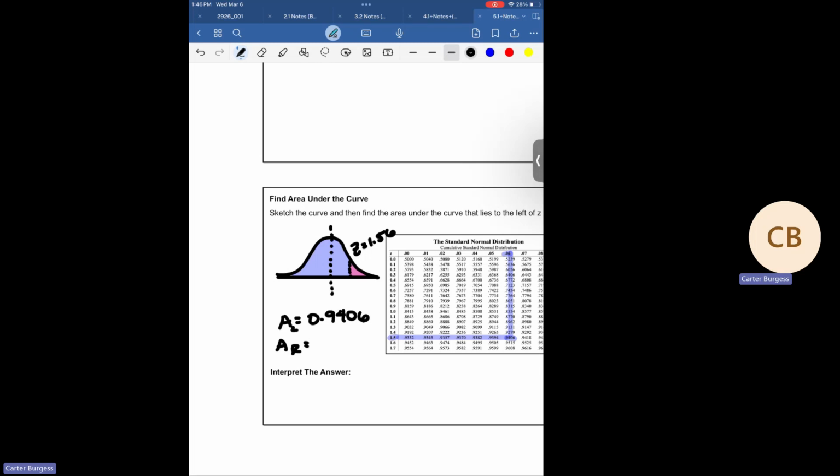Area to the right is just 1 minus 0.9406, which works out to be 0.0594. Sorry, my decimals felt off. It's not 59%, it's 5.9%. 0.0594.